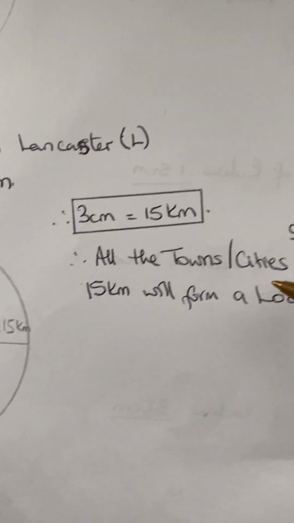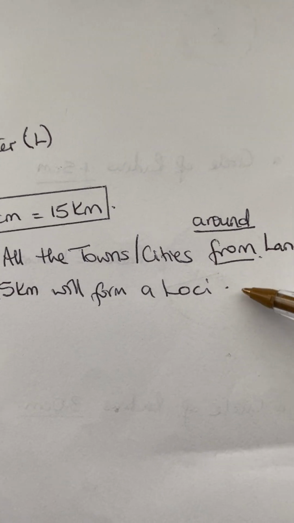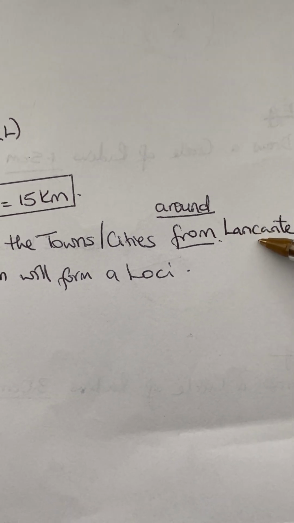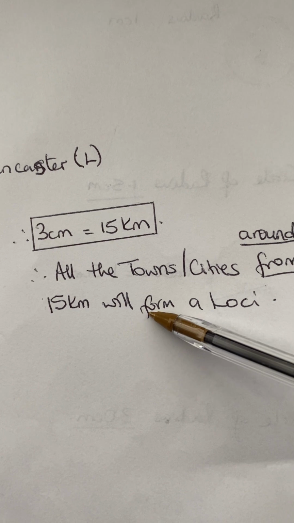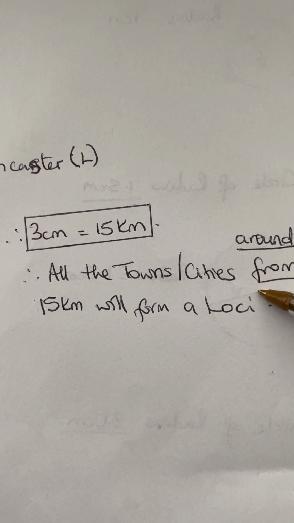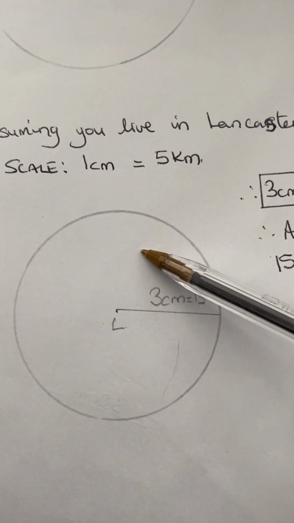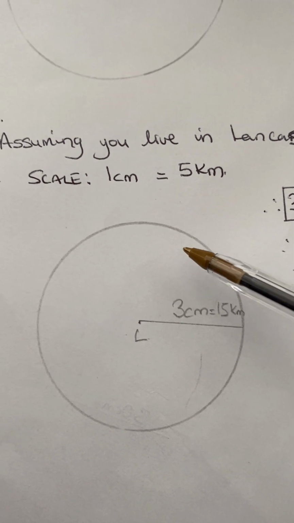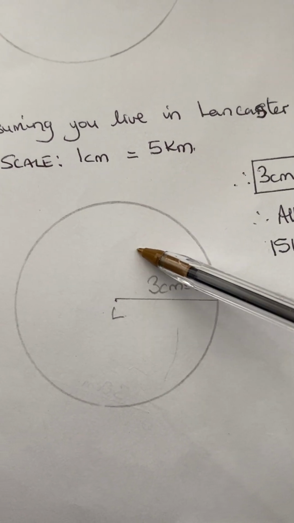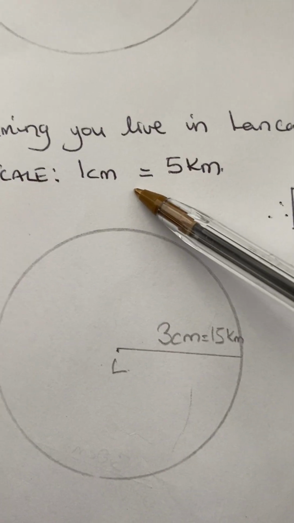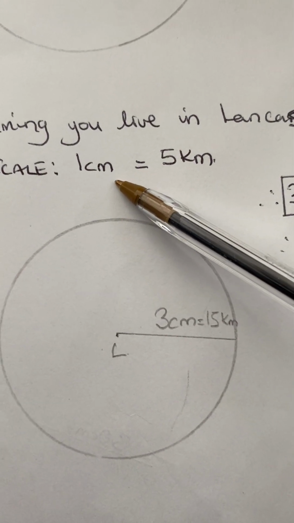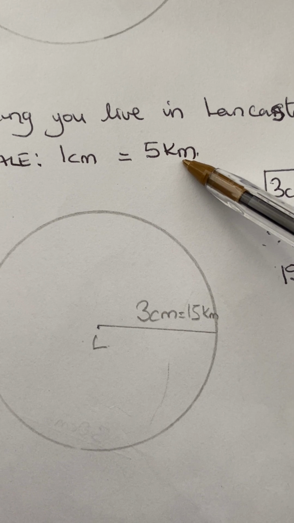So all the towns or cities 15 kilometers from Lancaster form a locus. So if you are here, you are not 15 kilometers from Lancaster, because the scale here is 1 centimeter to 5 kilometers.